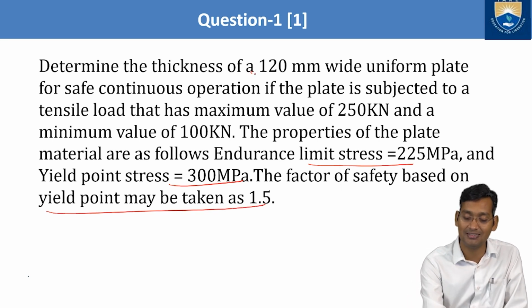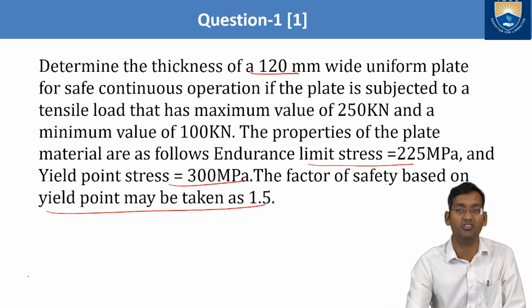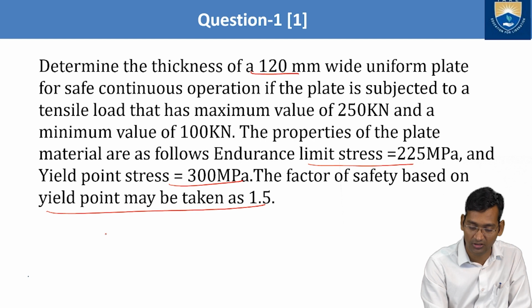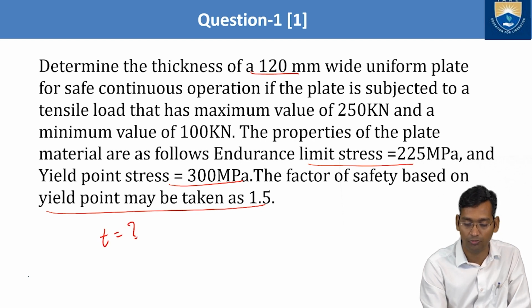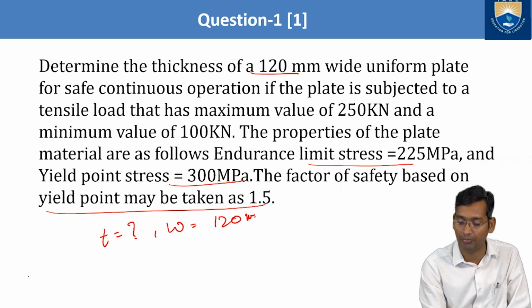So the width is given. We have to determine the thickness. Let's write what is required: T equals what? W is given as 120 mm. Maximum load, W max, is given as 250 kilo Newton.